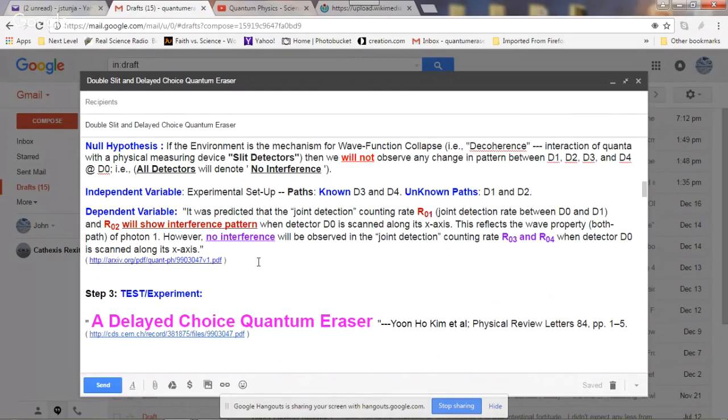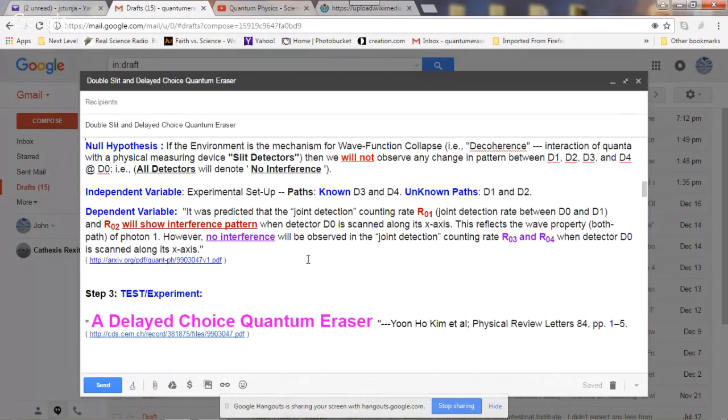I took the dependent variable right from the actual paper, and what it was saying was it was predicted that the joint detection rates, that's D0 and D1, and D0 and D2, that's R2, will show interference patterns when detector D0 is scanned along its x-axis. This reflects the wave property, both paths of photon 1.